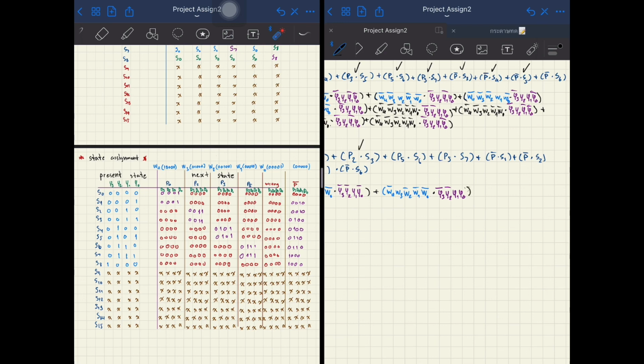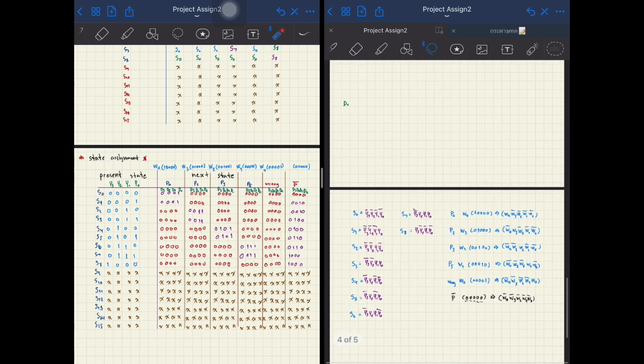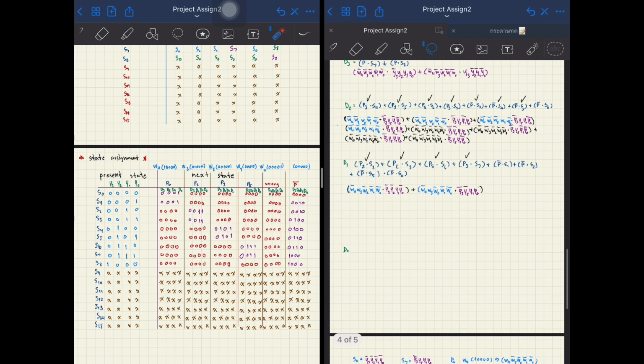Okay, check P5 and with state 6 and then also P5 and with state 7. P5 is here and I will copy here because it has 2 P5 and then state 6, state 7, right?